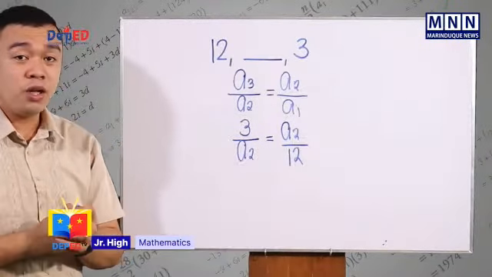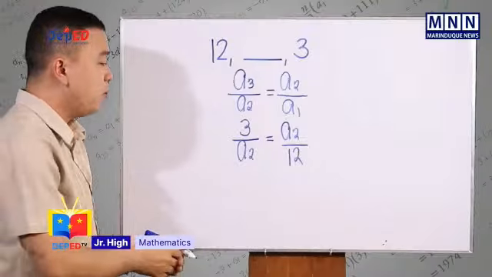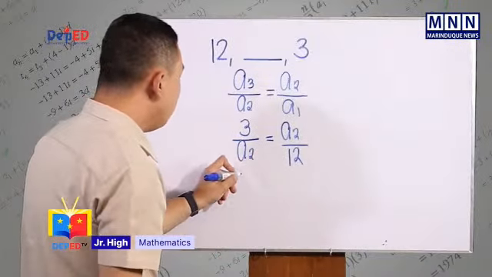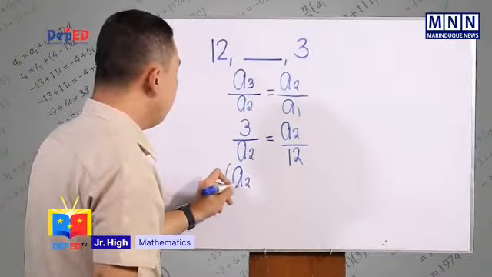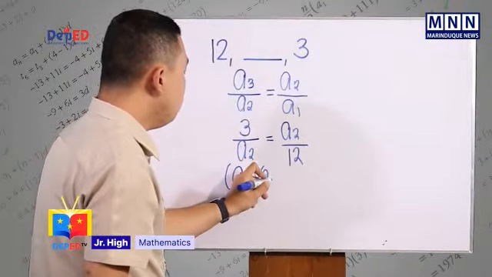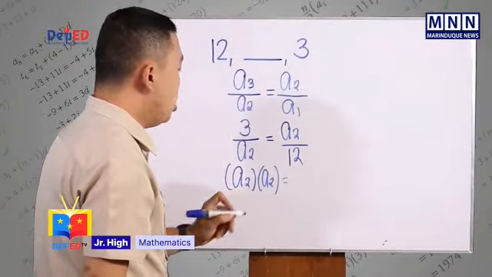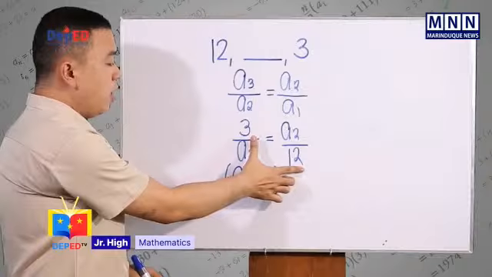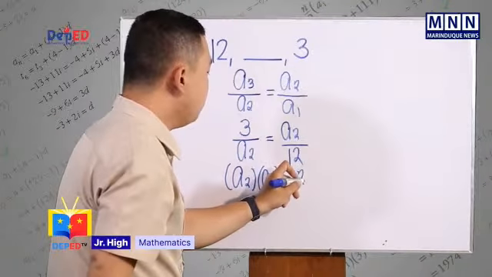Next, let's do cross multiplication. For this part, we will multiply a sub 2 times a sub 2 equal to 12 times 3.